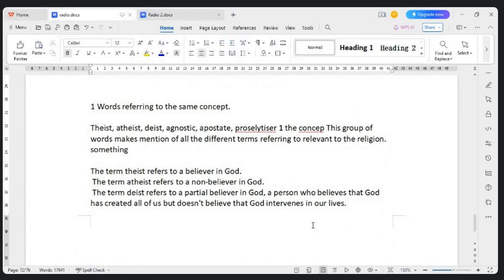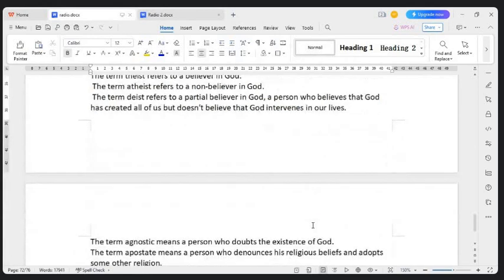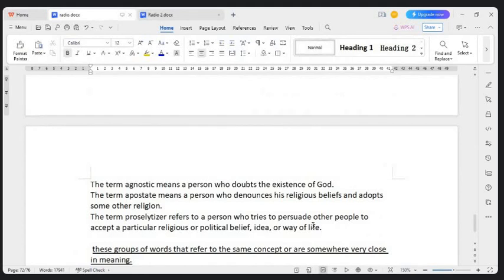Atheist refers to someone who is a non-believer. Deist refers to a partial believer in God, a person who believes that God has created all of us, but doesn't believe that God is interfering in our lives. The term agnostic means a person who doubts whether God exists or not.